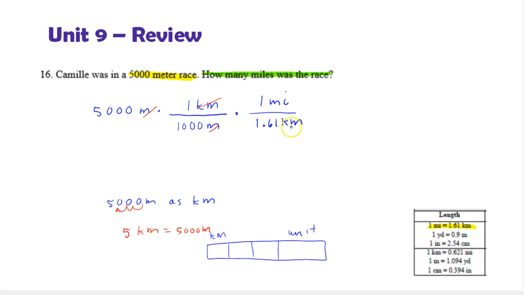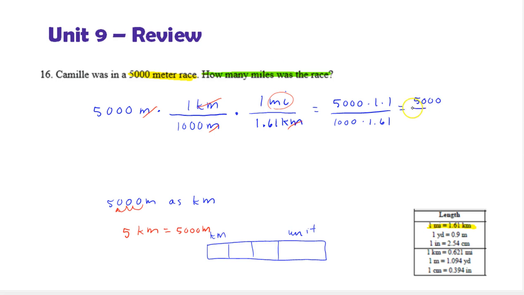Now the kilometers cancel, and notice I'll be left with miles. So let's write a fraction. So 5,000 times 1 times 1 over 1,000 times 1.61. First compute the numerator, then the denominator, divide last.